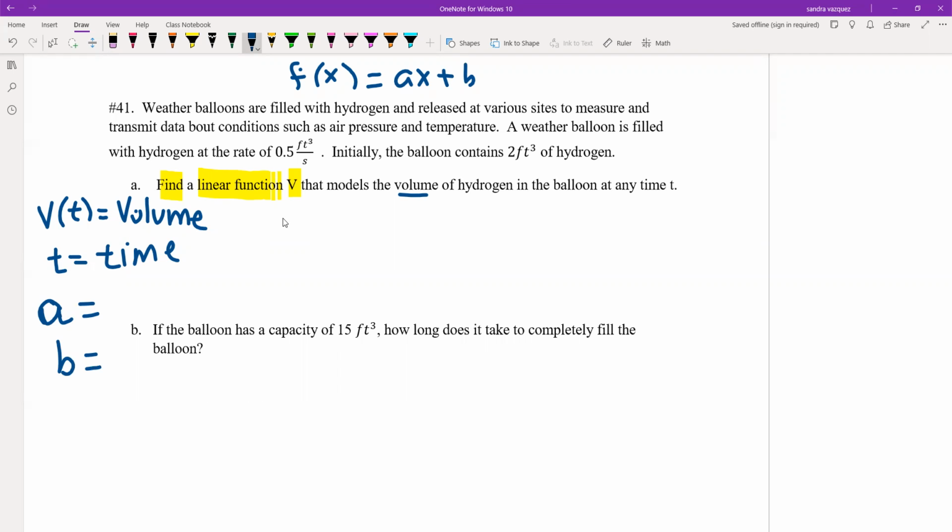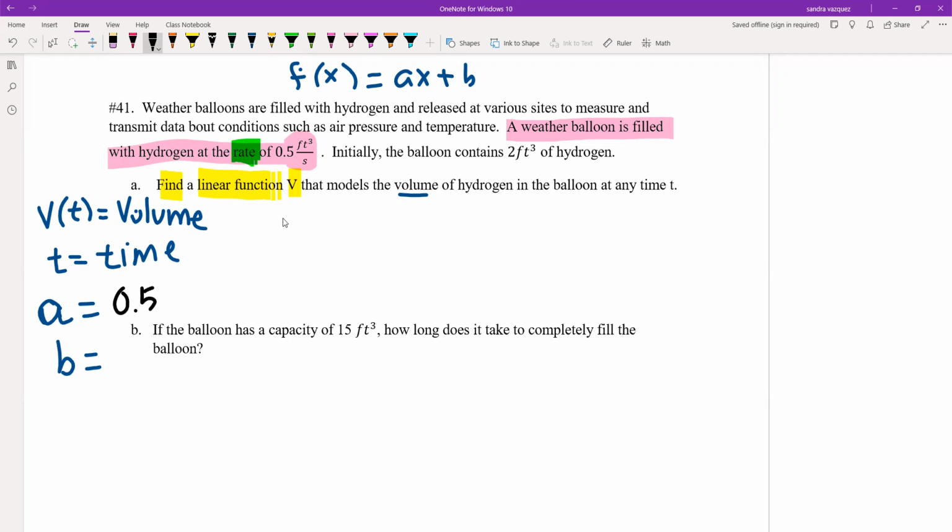If I keep reading, it says a weather balloon is filled with hydrogen at a rate. There's the keyword, the word rate. The rate stands for the slope, so in this case the slope is 0.5.